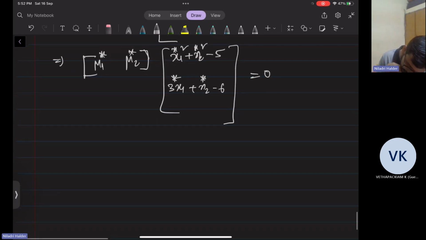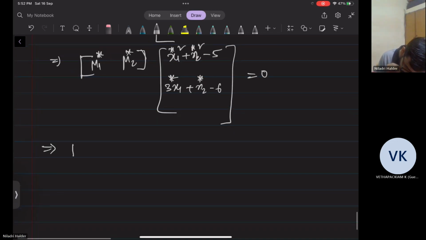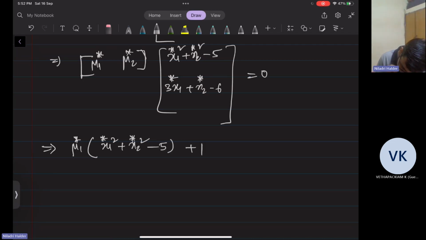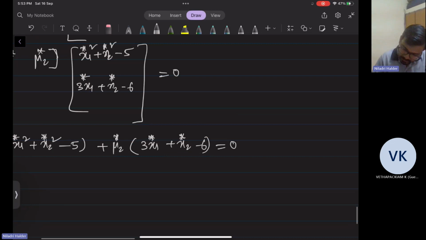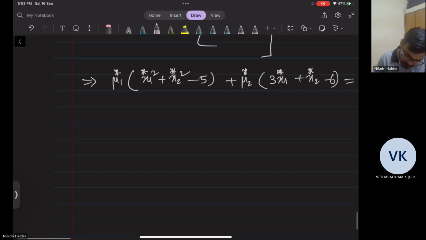That means mu1 star into x1 square plus x2 square minus 5, plus mu2 star into 3x1 plus x2 minus 6, is equal to 0. So this is the third condition.